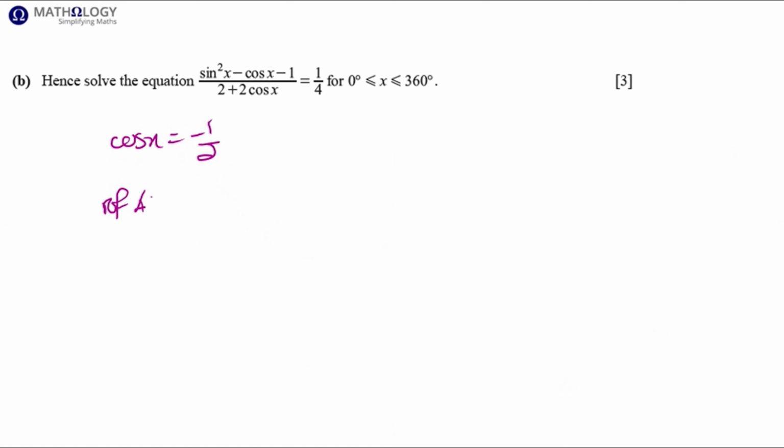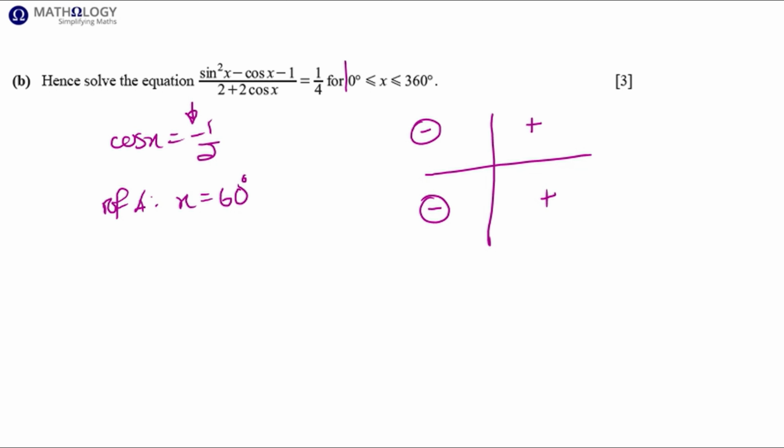The reference angle will be 60 degrees. The fact that this ratio is negative just means that the solution lies in a quadrant where the ratio cos is negative. Cos is positive in the first and the fourth, which means it's negative in the second and the third. And the domain is x is an angle between 0 and 360 degrees.